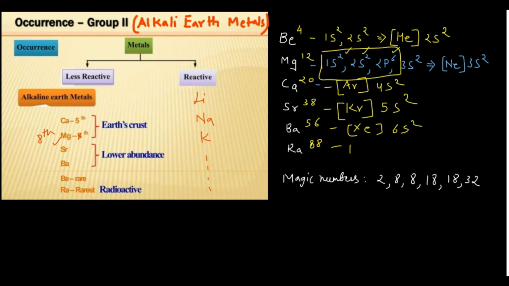And then you have radon, and then you can write 7s2. So you can see here your last electrons are entering the s orbital. This is the reason group 2 is included among the s-block elements.